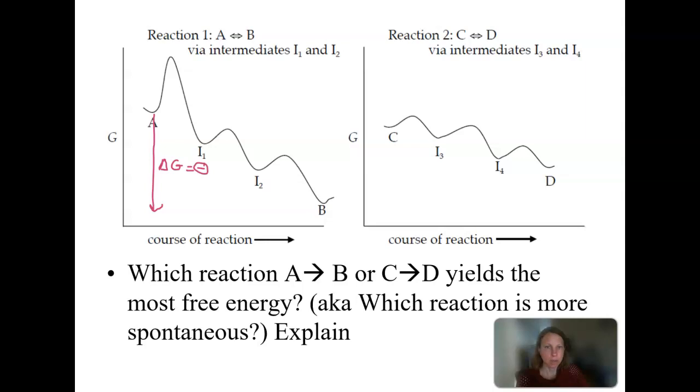They're both negative, but it is bigger than the difference in delta G between C and D. Delta G here is also negative, but it's smaller than the difference between A and B. That means that the A to B reaction is more spontaneous than the C to D reaction. All right, next question.